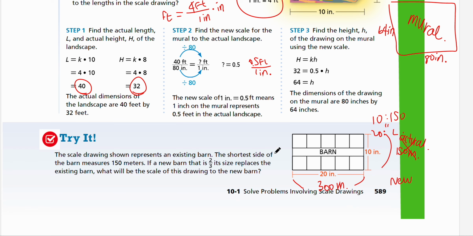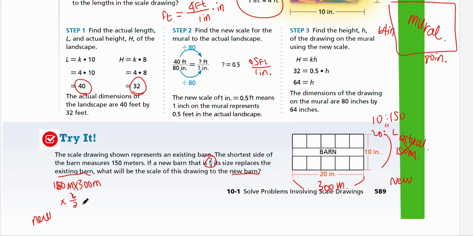But remember, the new barn is 2/3 its size. So we have to figure out new dimensions. The existing barn is 150 meters by 300 meters. But then the new barn is 2/3 its size, so times 2/3 would be the new barn.